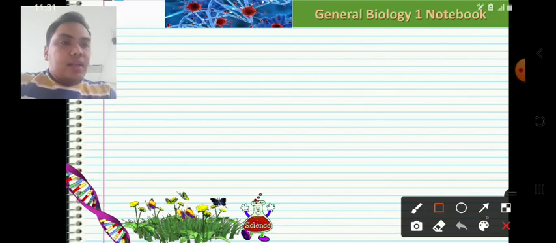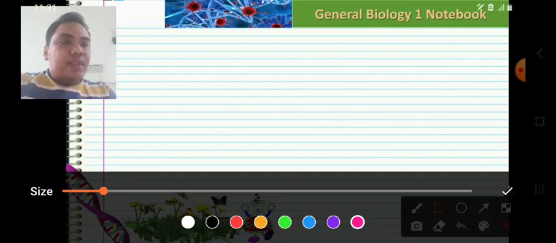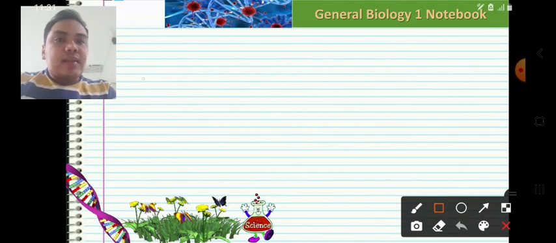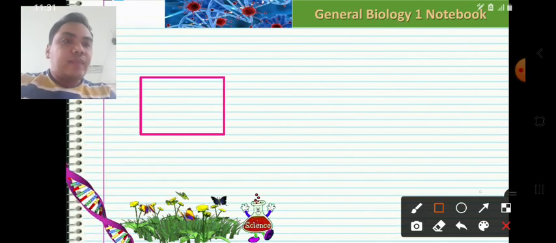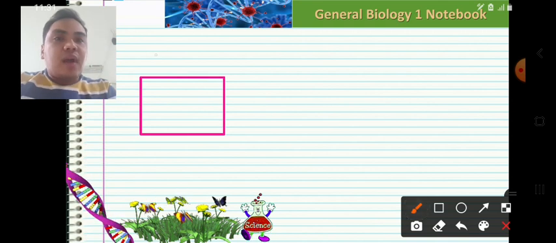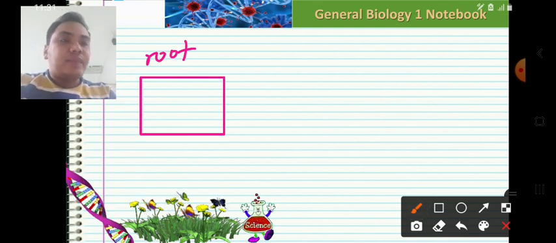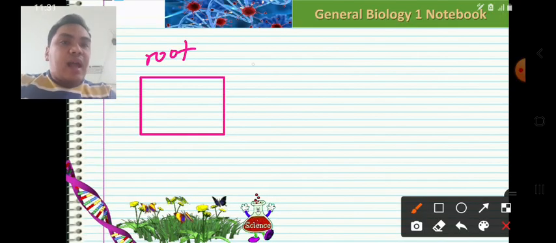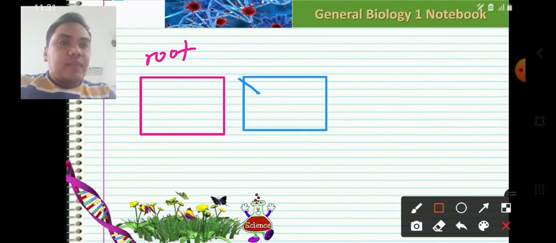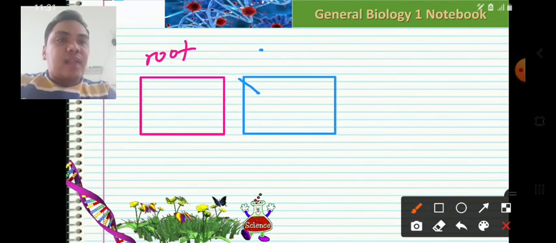Okay, so let's try to draw it first. So this diagram will represent the root cell. Okay, so you have the root cells. Then in addition to that, we have the stem cell.